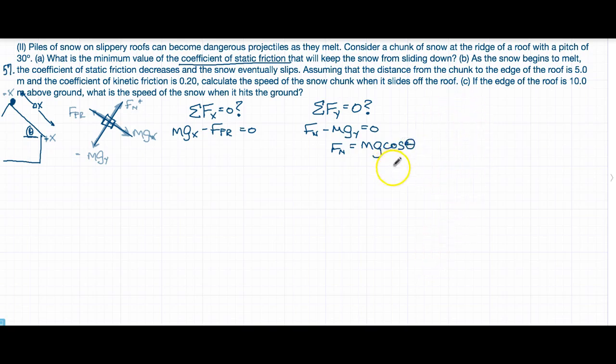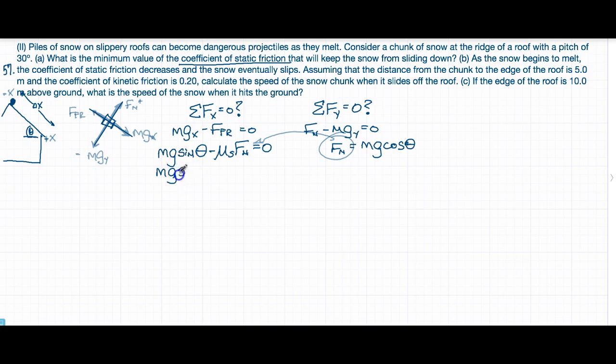So now I have an expression for the normal force, which is going to become useful over here in just a minute. On the left-hand side, I get mg times the sine of theta for the x component, minus mu static times the normal force, is going to be equal to 0. And now I can substitute this in right here for normal force. If I wanted to, I could add mu static times normal force to both sides, which I will.